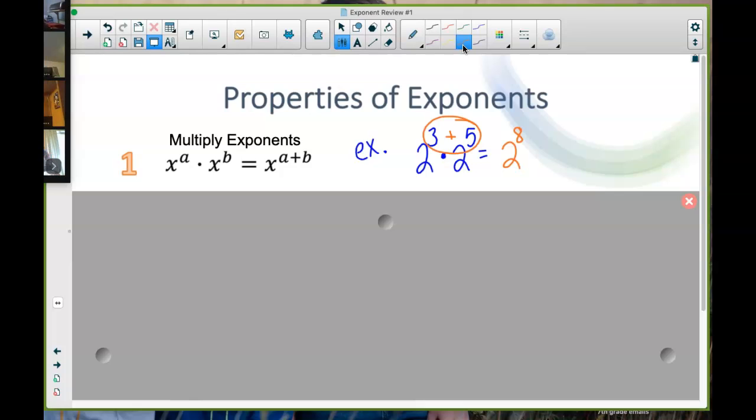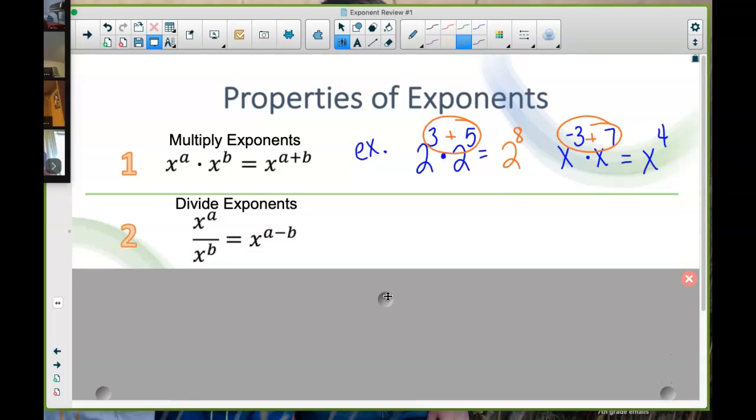What if I had given you x to the negative third power times x to the 7th power? What would that be? A few of you got it right. That is x to the 4th power. You're adding the exponents. Hopefully you have that written down.